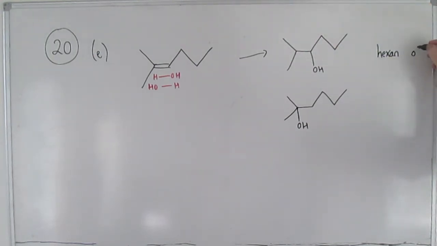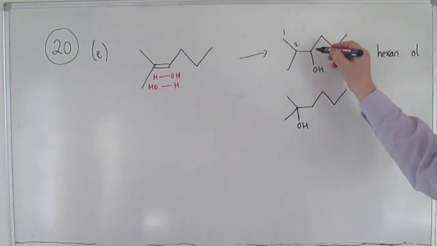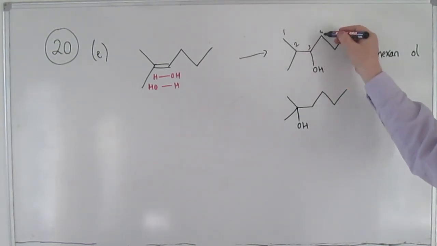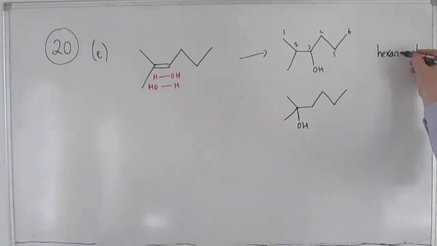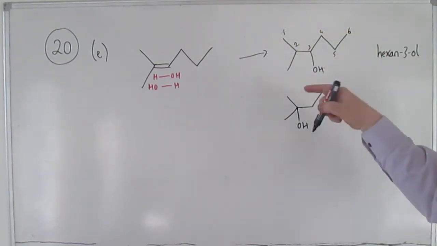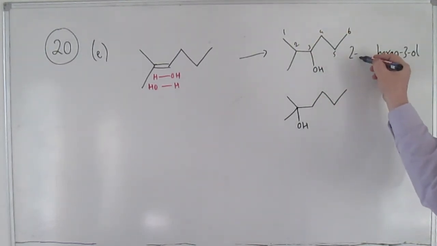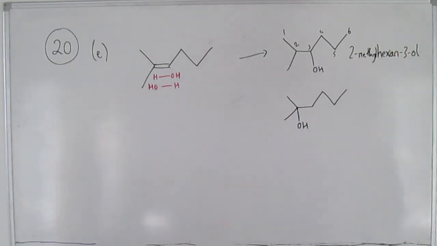So it's going to be "ol" at the end there. So we're going to number it 1, 2, 3, 4, 5, 6. So it's hexan-3-ol is the root of the name. And then carbon 2 has got a methyl group attached. So it's 2-methylhexan-3-ol is the way to number that one.